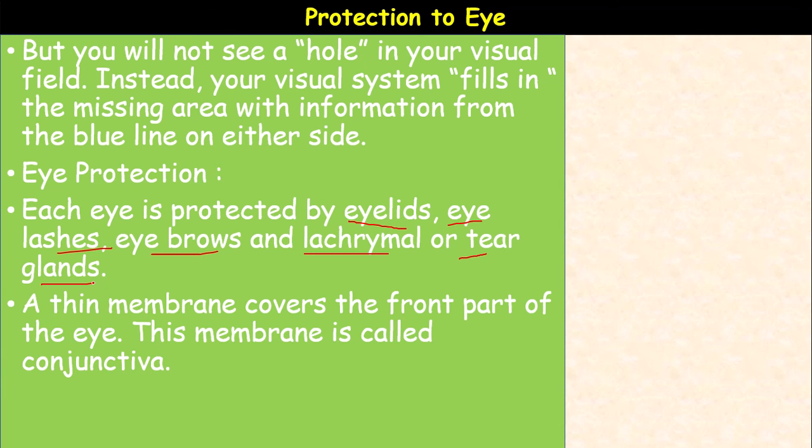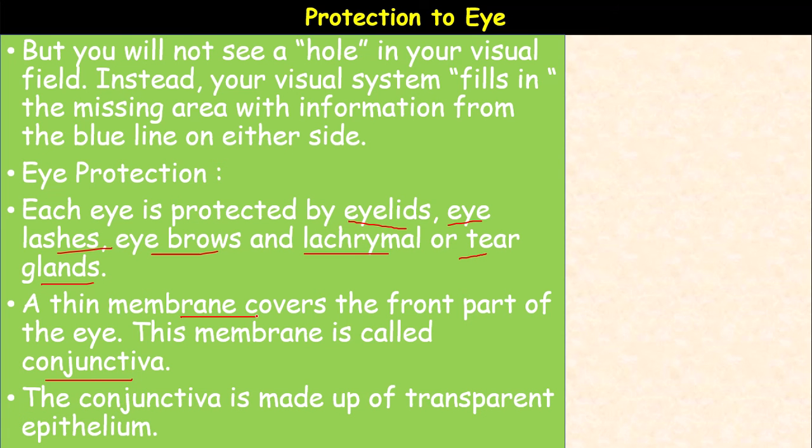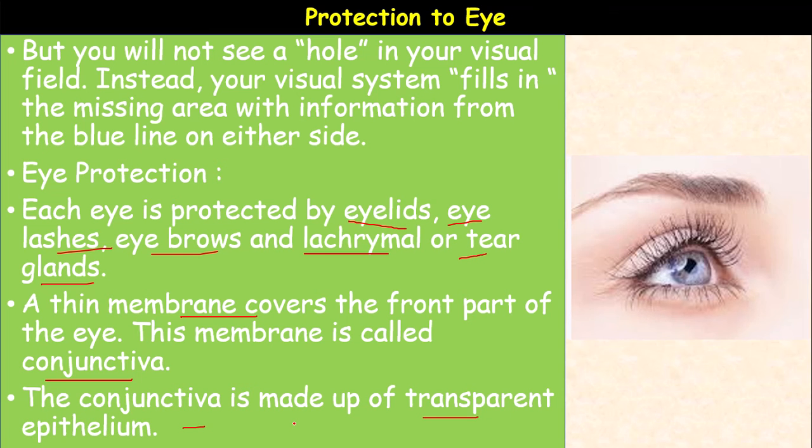A thin membrane that covers the front part of the eye is called the conjunctiva, and it also protects the eye. The conjunctiva is made up of a transparent protective epithelial tissue. So, this is the typical eye.